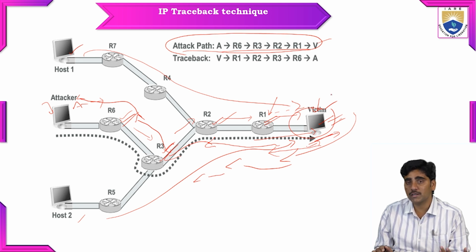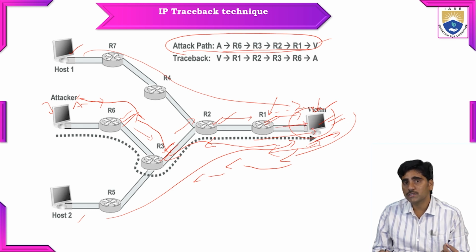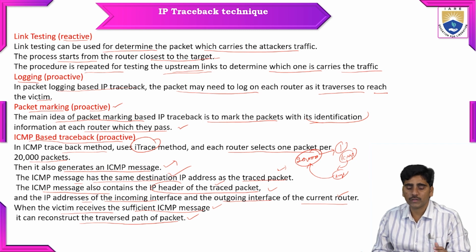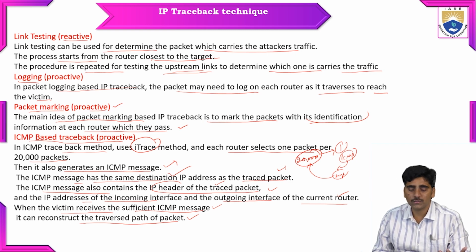That traceback method is started from the target machine, at the router nearest to the target. At this point only, we can perform the traceback technique. And here, what are the reactive processes and what are the proactive processes? Link testing is one reactive process, which performs the traceback technique after the attack happened, after the attacker sends the packet.